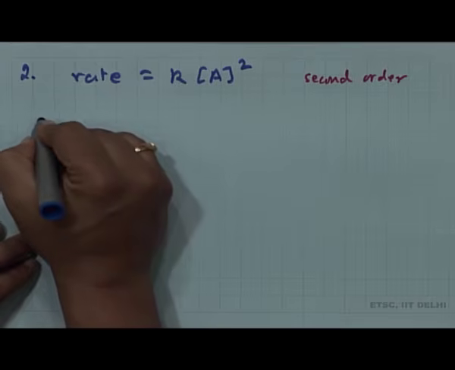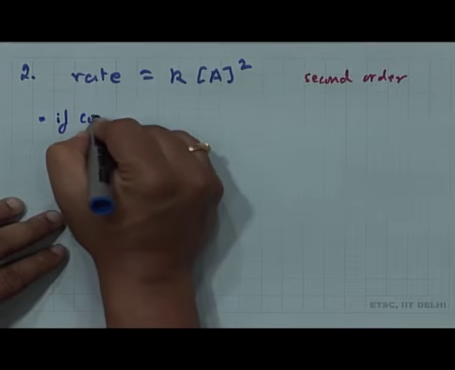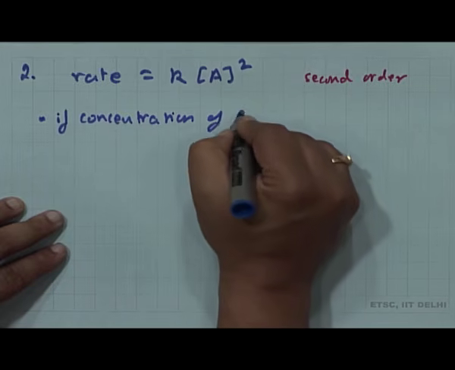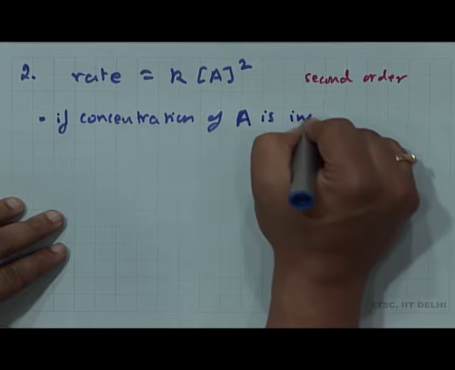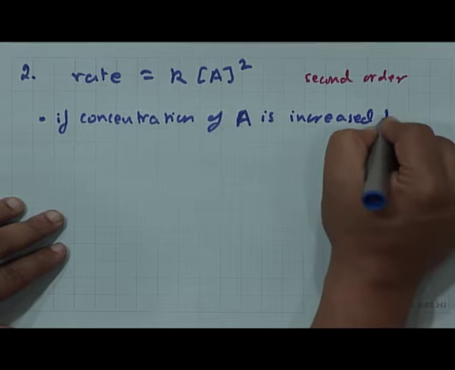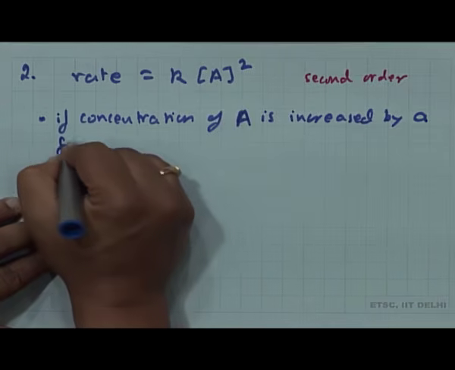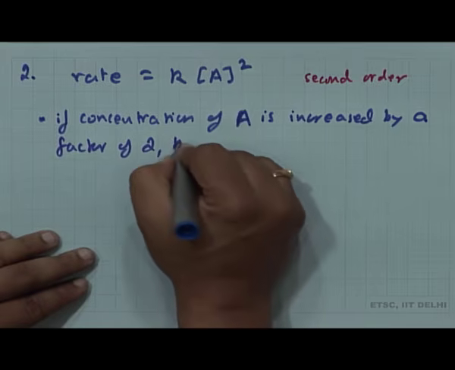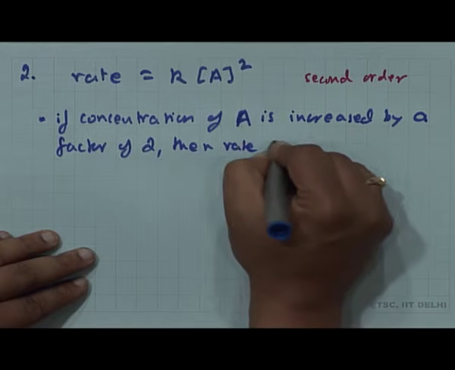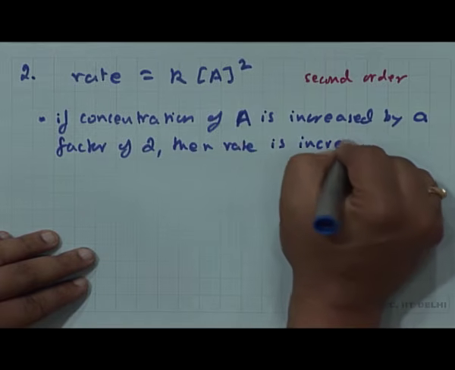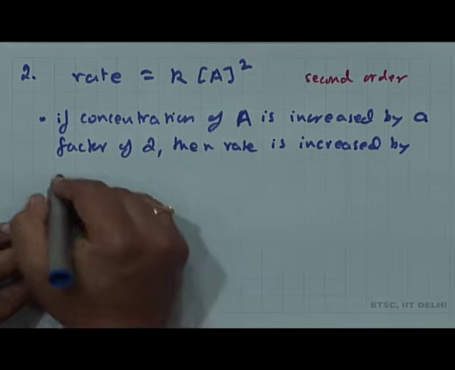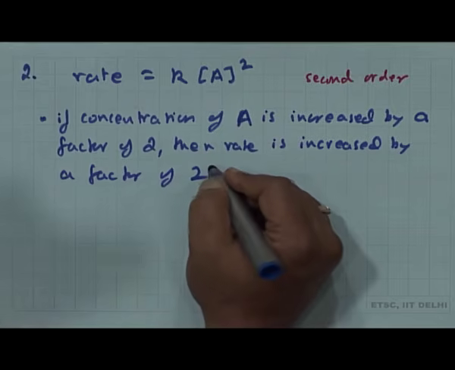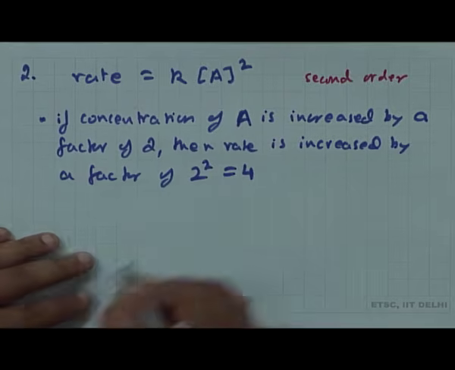We mean if the concentration of A is increased by a factor of 2, then the rate is increased by a factor of 2 raised to the power 2, which is 4.